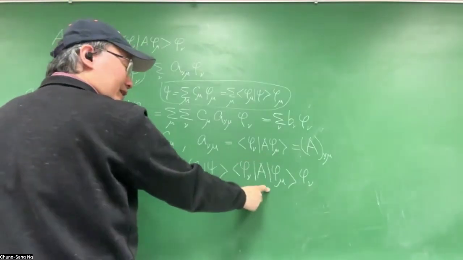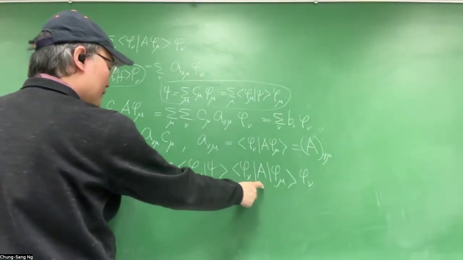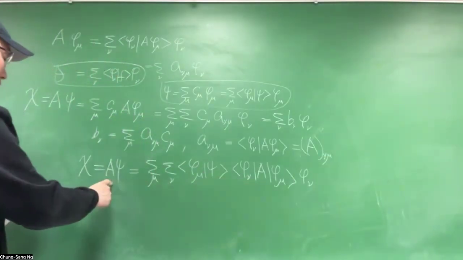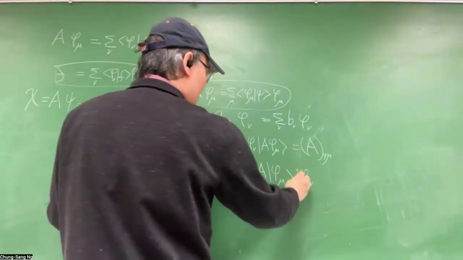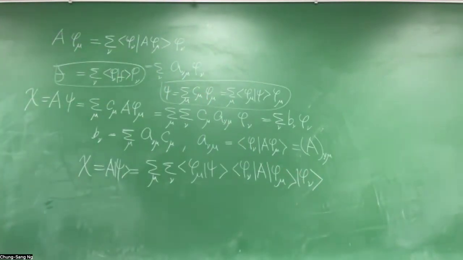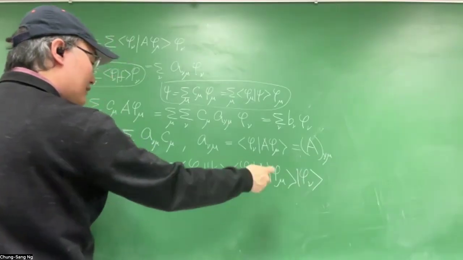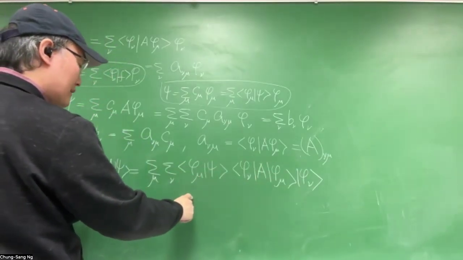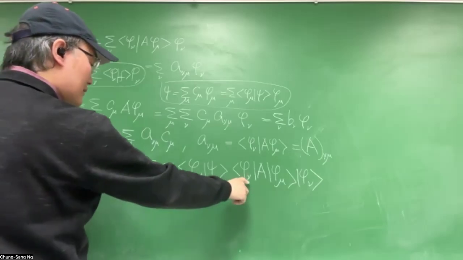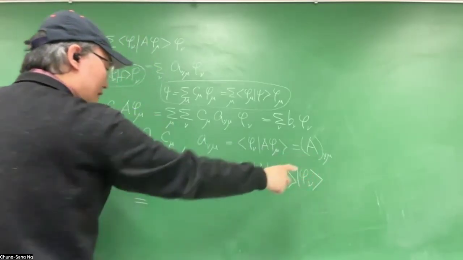Actually, by writing this, I'm starting to use the Dirac notation. When you use the Dirac notation, you basically change all the functions into vectors, as ket vectors. The trick now is to rearrange them in a way that we have seen before. This is just a number, so you can put it on the other side.